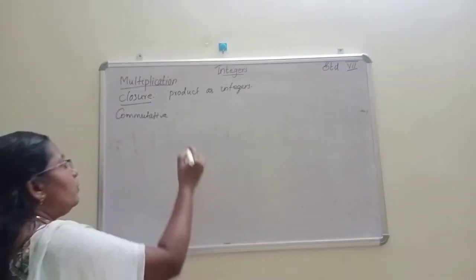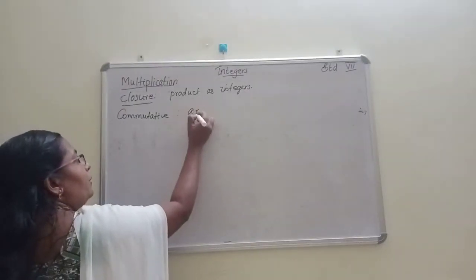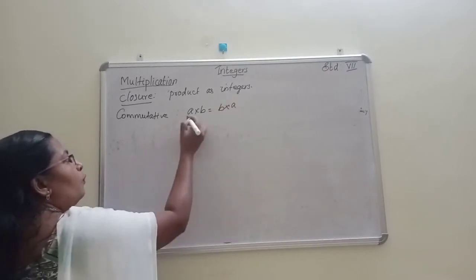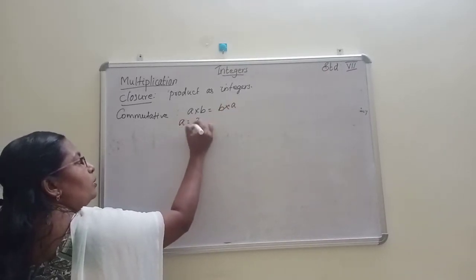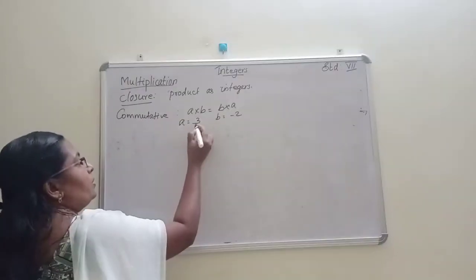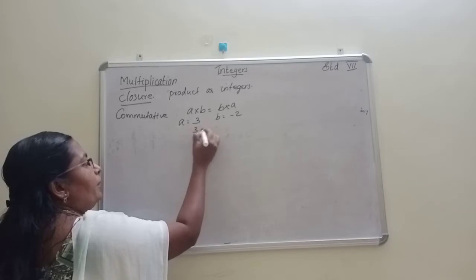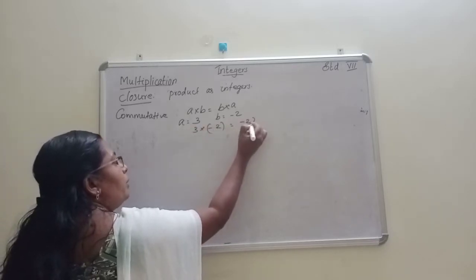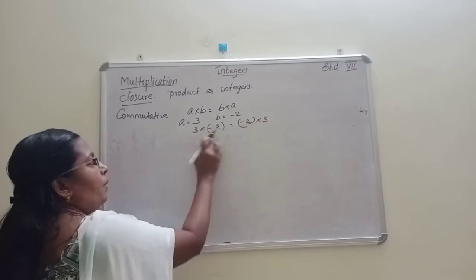That is, A into B equal to B into A. For example, take A equal to 3 and B equal to minus 2. Multiply it. A into B, 3 into minus 2 equal to minus 2 into 3.